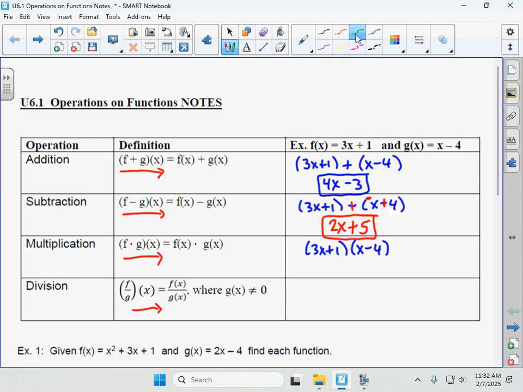So 3x gets multiplied over, so that's 3x squared plus, that's going to be minus 12x. All right, and then we distribute the 1. So that's plus x minus 4. And then we can combine like terms. 3x squared minus 11x minus 4.